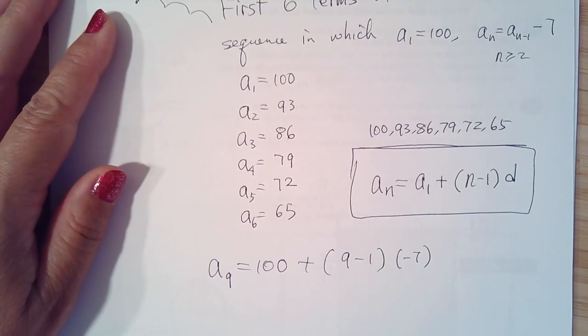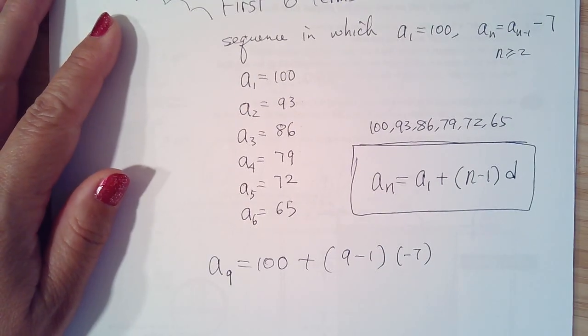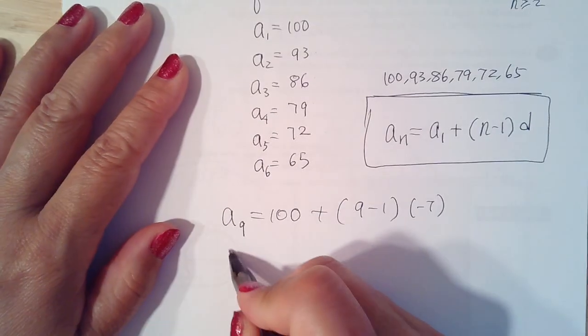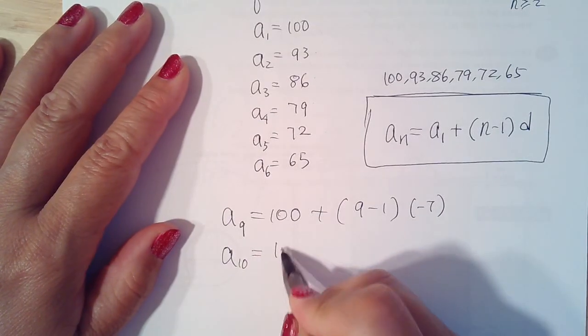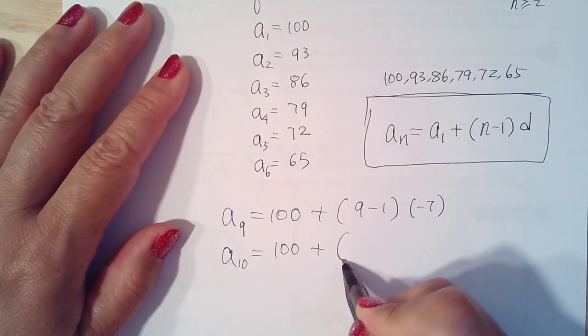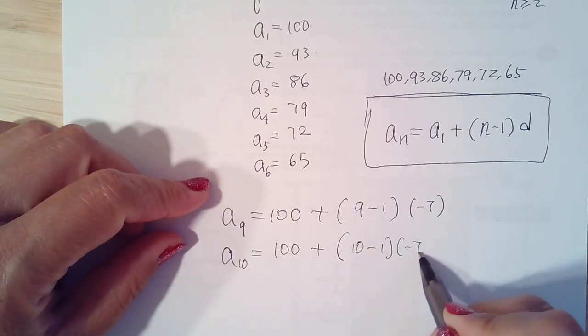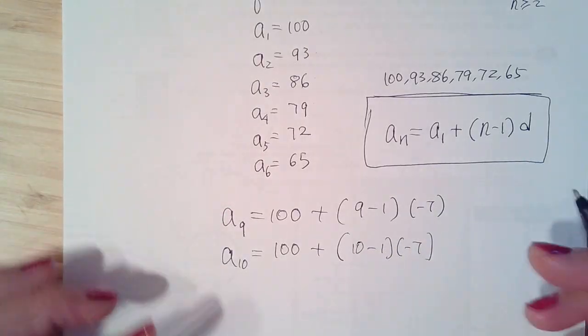Looks good. So that is the 9th term. What about the 10th term? A10 will be 100 plus 10 minus 1 times negative 7. Of course, you can just continue and finish that.